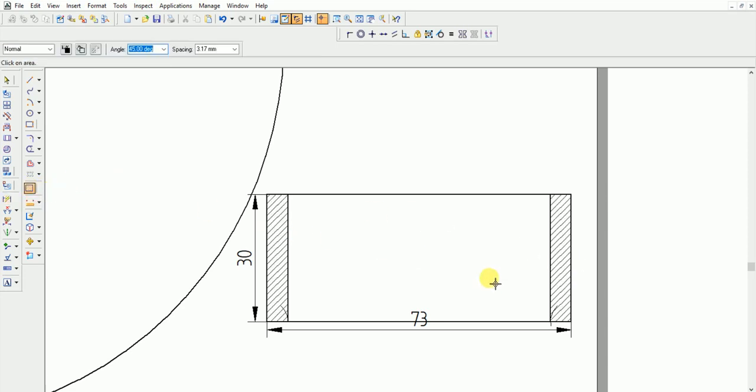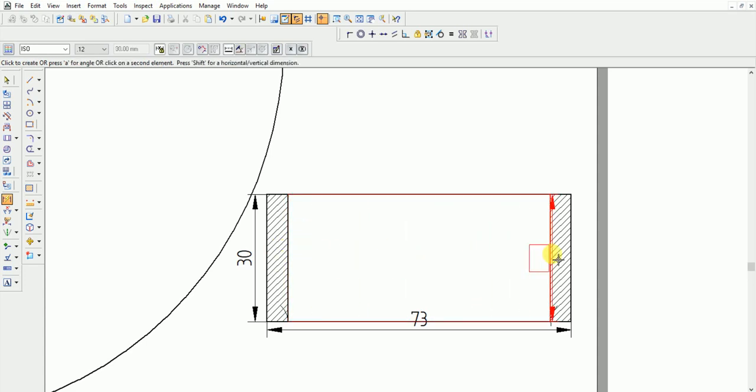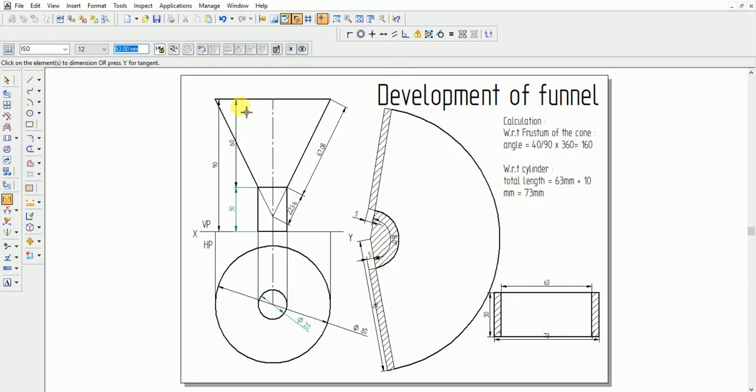This is individually joined by seaming. That is, we would prepare the cylinder by using seaming first, and later we would be doing the process of soldering again in order to join the cylinder and the frustum of the cone. So this is how the cylinder part would look, and we have seen how the frustum of the cone looks.